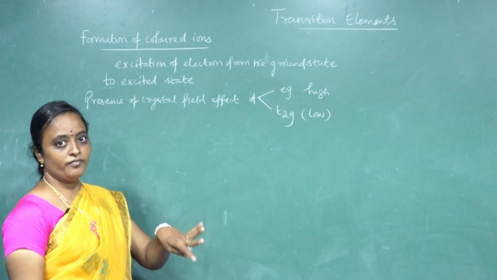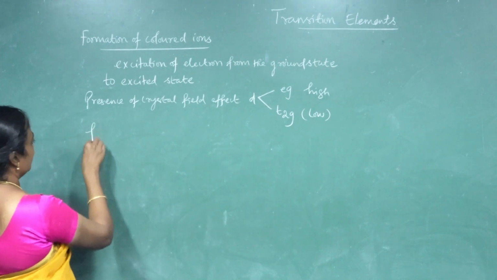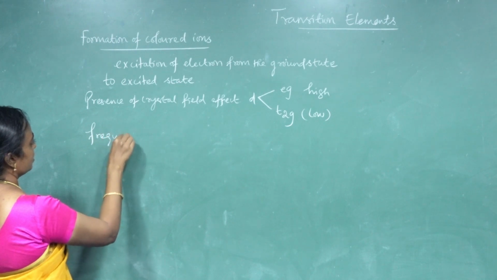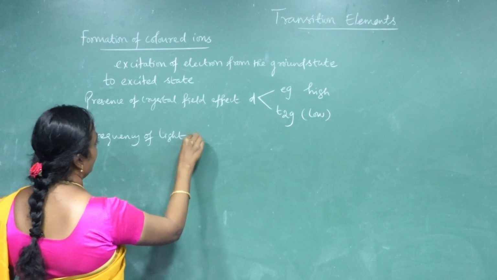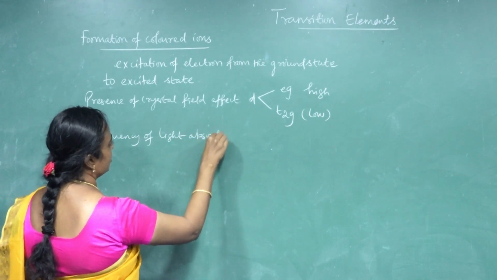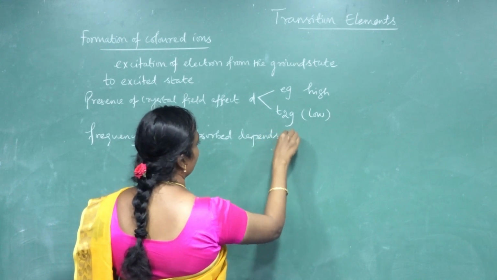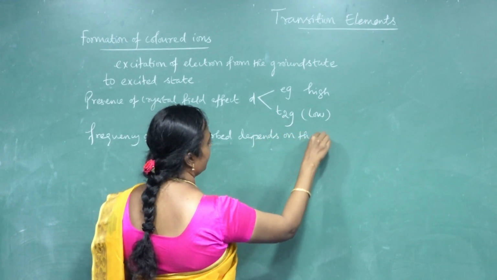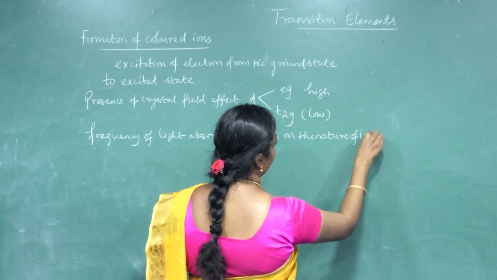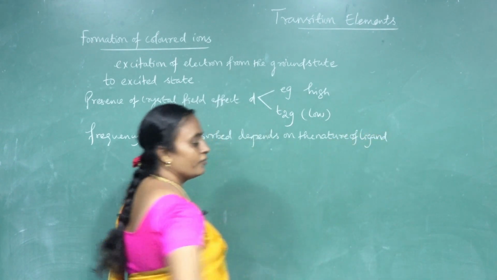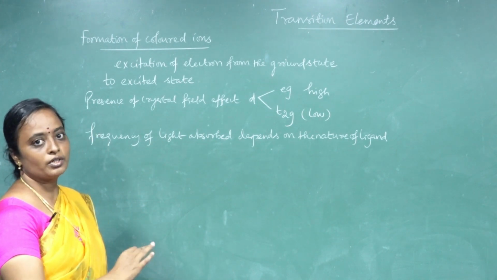So the frequency of light absorbed depends upon the nature of the ligand. In the formation of a complex, we should concentrate on the nature of the ligand.